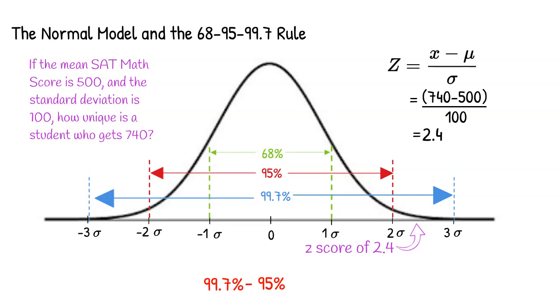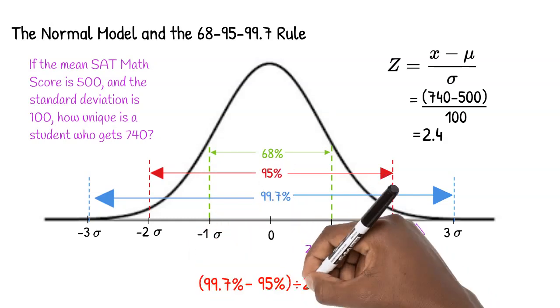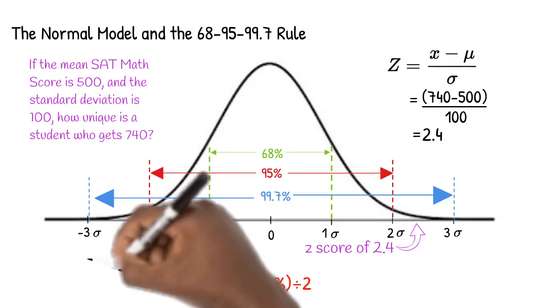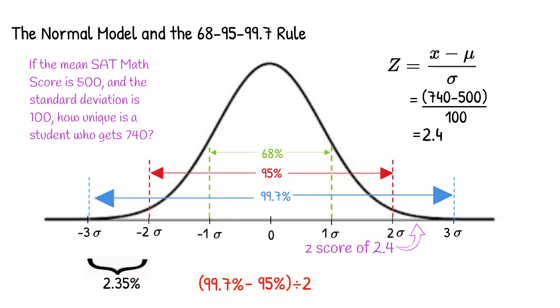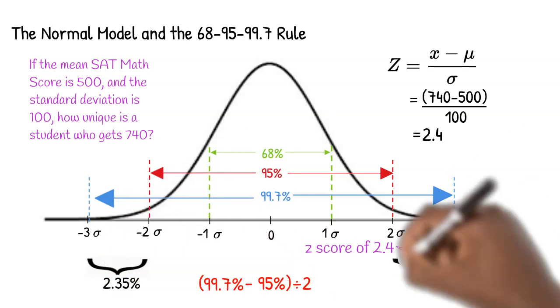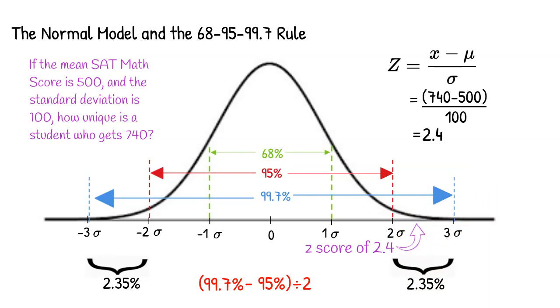But a half of these values are below the mean and a half of these values are above the mean. We divide by 2 and find that 2.35% of values are between 2 and 3 standard deviations above the mean. This tells us that a student who gets a score of 740 is unique, as only 2.35% of students fall in that range.